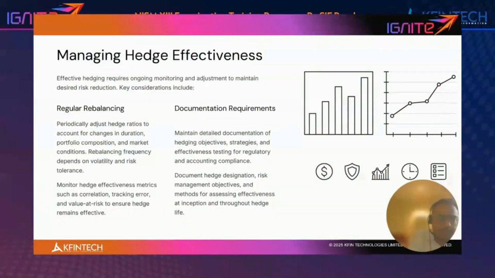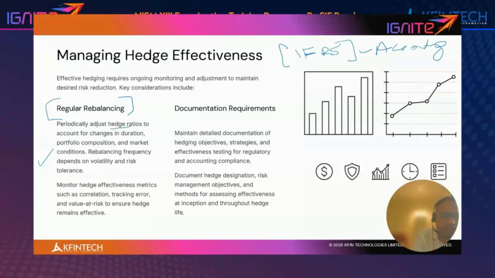Managing hedge effectiveness, you can do a regular rebalancing. This is again under IFRS, which is the International Financial Reporting Standards for Accounting, under which you have to do a regular rebalancing, periodic adjusting hedge ratios to account for changes in duration and portfolio composition. Monitor the hedge effectiveness, such as correlation, tracking error and value at risk, to ensure hedge remains effective.